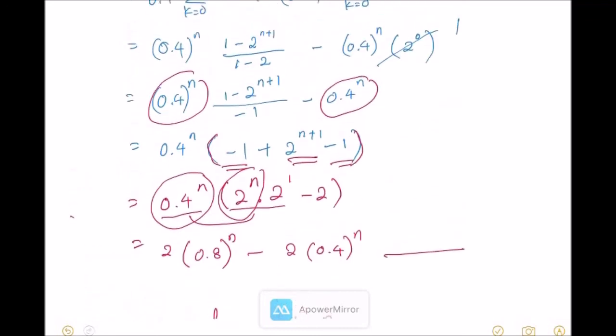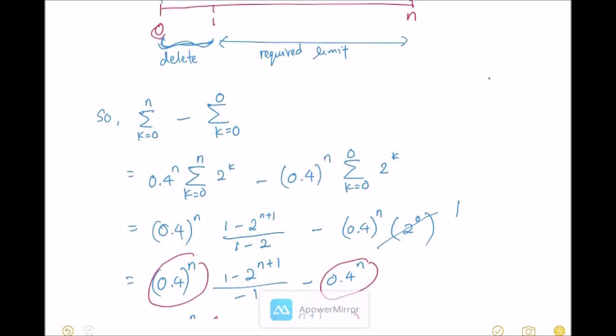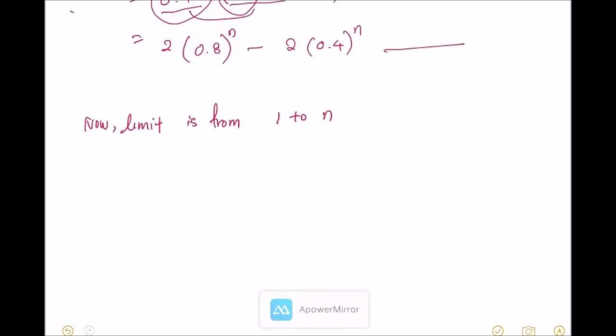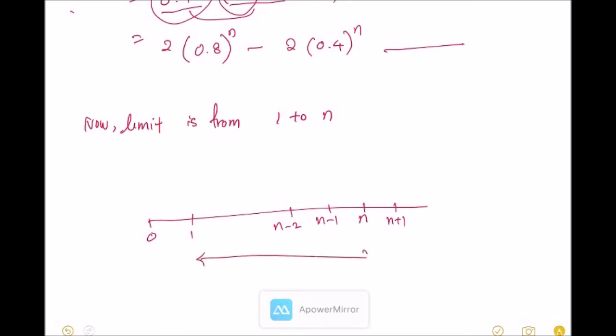And based on the table, k equal to 0 is fixed. But how to get k equal to 0? For example, I have 0 and 1, I have the n here, and n plus 1, n minus 1, n minus 2, something like this. So the limits for your answer are from 1 to n.